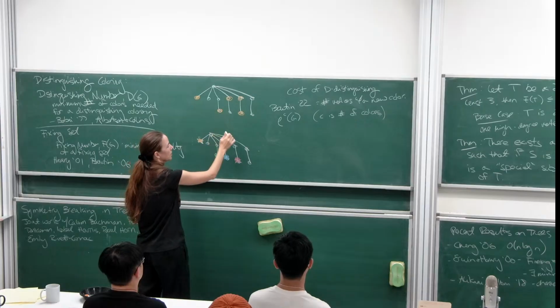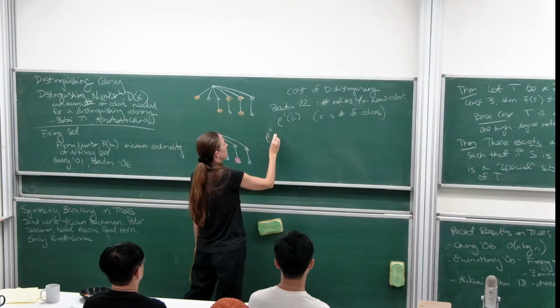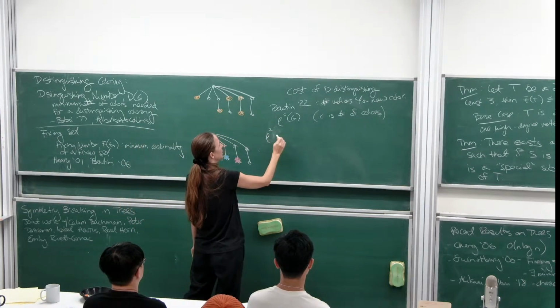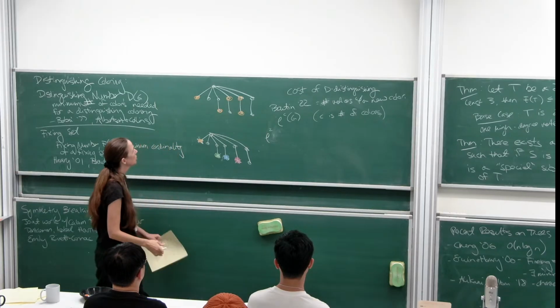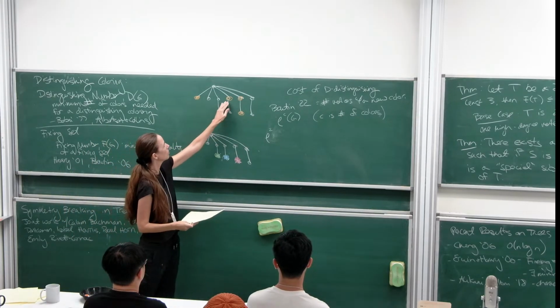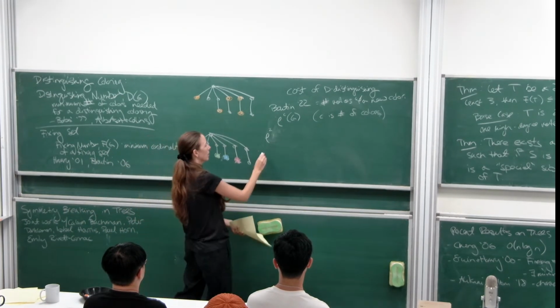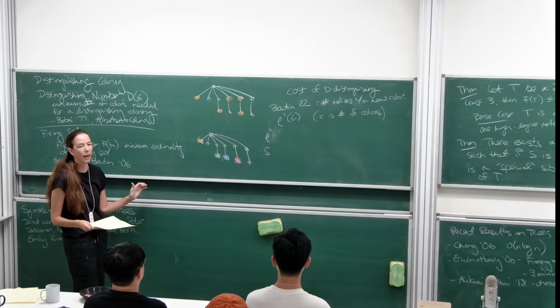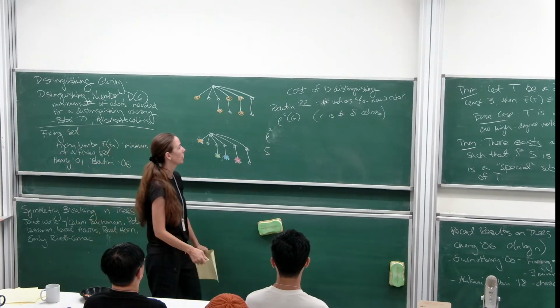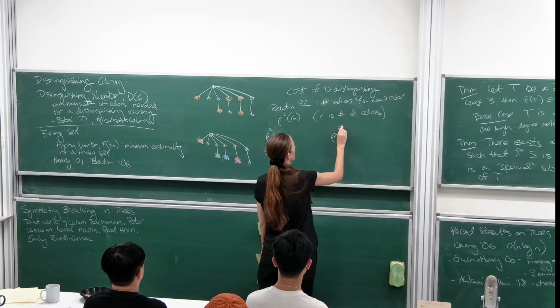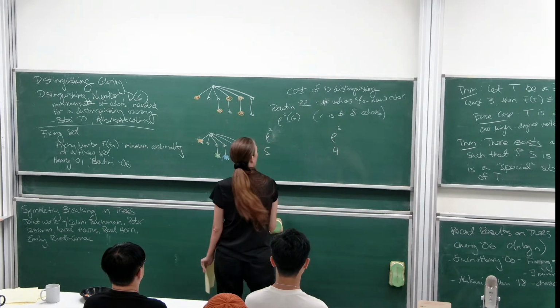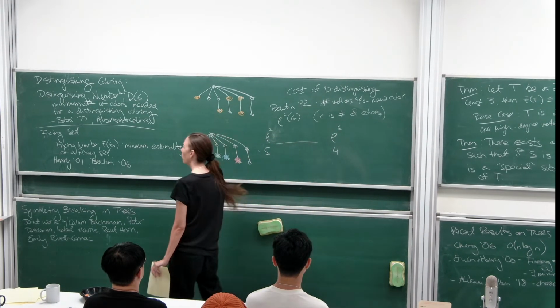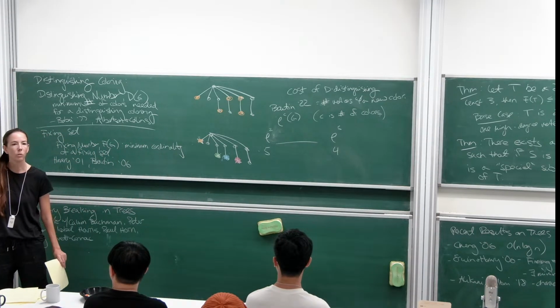And so for this graph, let me not write the G. The cost of 2-distinguishing is just 1, 2, 3, 4, 5. And we know the cost of 5-distinguishing is 4. And then you have this question of what happens in between.